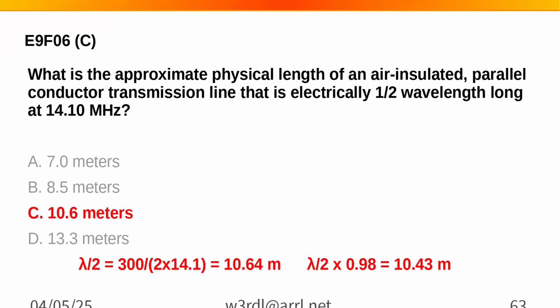Well, let's see, when I worked it, I got the right answer, more or less. So it was 10. Oh, that's why. I said 10 meters, it's actually 10.64 meters. That's why it came out 10.6.